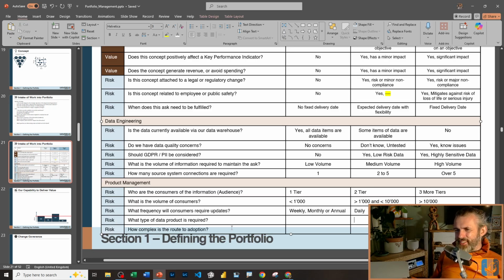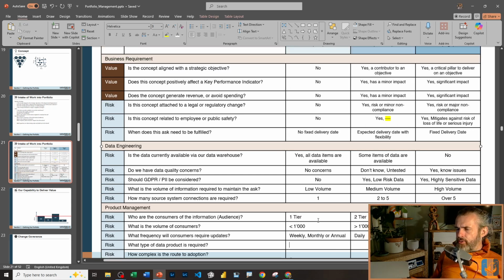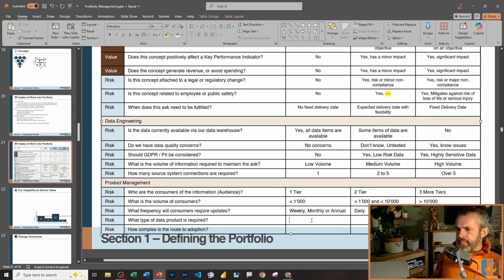What type of data product is required? That's a good question. It could be that the business just needs raw data. It could be that they require analysis, so they want answers to questions.